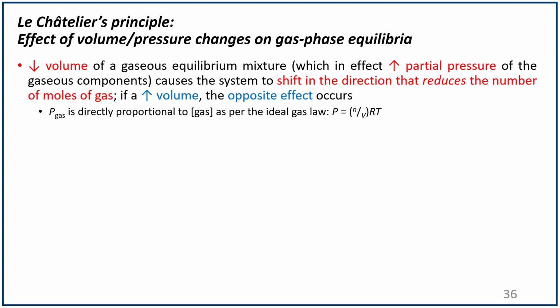Another form of chemical stress to a system in equilibrium can be in the form of changing the volume of the reaction vessel. For gas phase equilibria, Le Chatelier's principle states that decreasing the volume of the equilibrium mixture, so this is basically changing the volume of the reaction container, will lead to a shift in the direction that reduces the number of moles of gas.